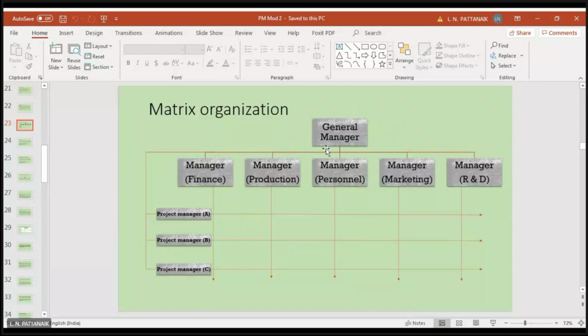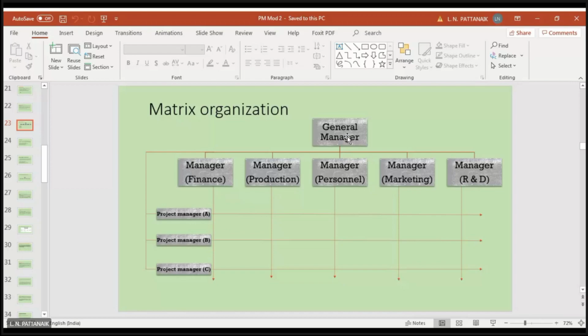In this particular figure, he may be CEO or CMD in some other company. This GM is taking reports from all the functional managers. Finance, production, personnel, marketing, everyone is directly reporting to the general manager.